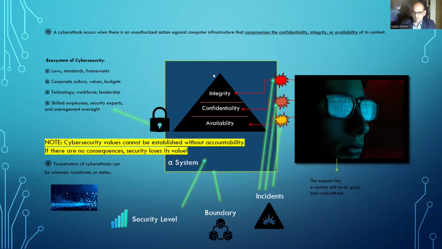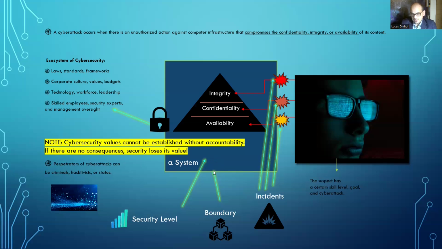And furthermore, we have a lot of people included in the system, who can be experts, but also managers and normal employees. We have laws included, standards and frameworks. We have a corporate culture, values and a budget. And we also have technology. Furthermore, the company and also the law choose the security level in this system.